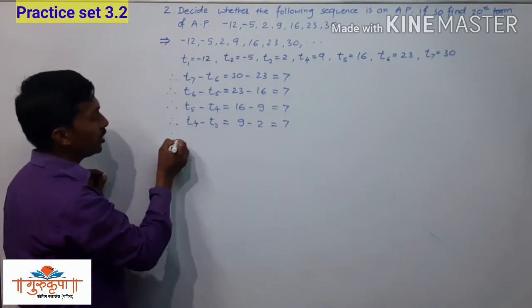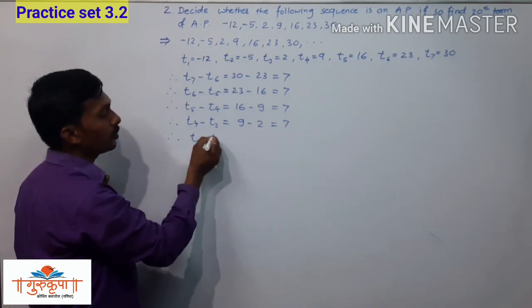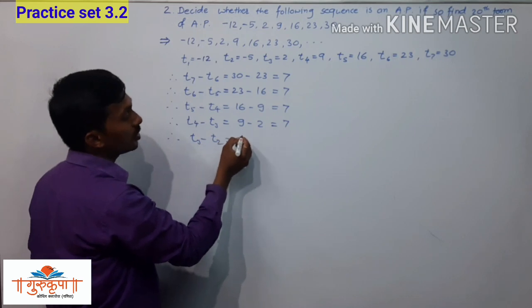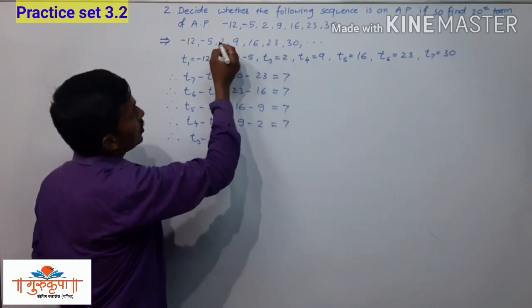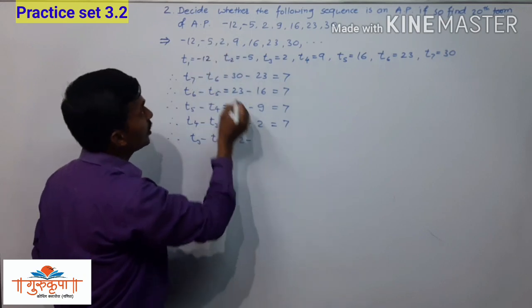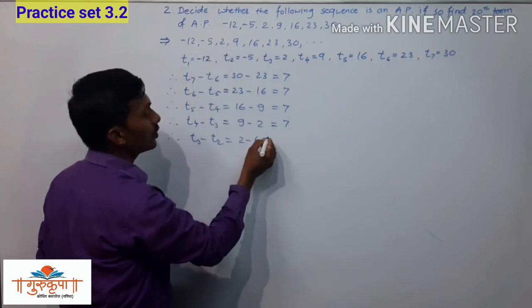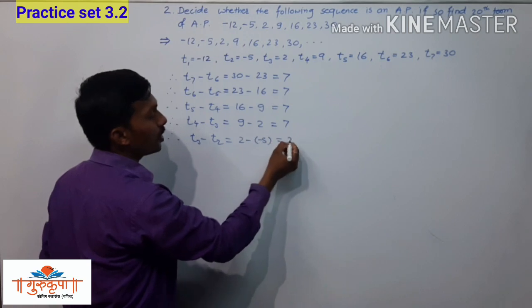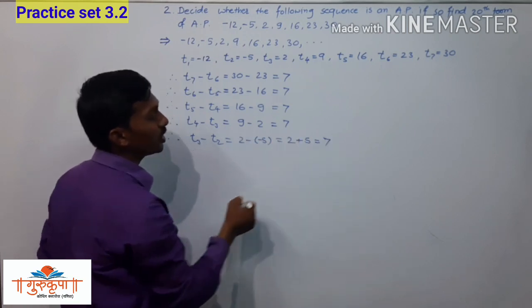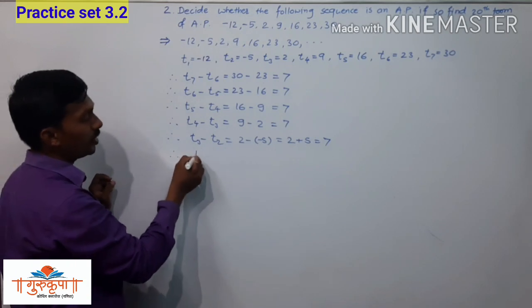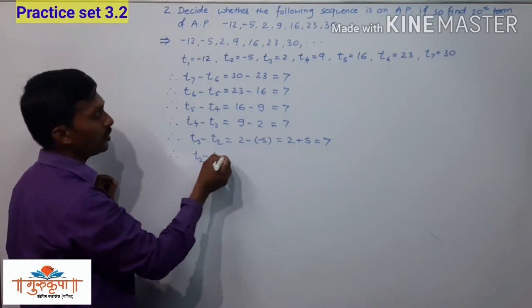Then we have to find T3 minus T2. T3 is 2 minus T2 is minus 5, so minus into minus is plus, 2 plus 5, that is equal to 7 again. Now we have to find the last difference, that is T2 minus T1.